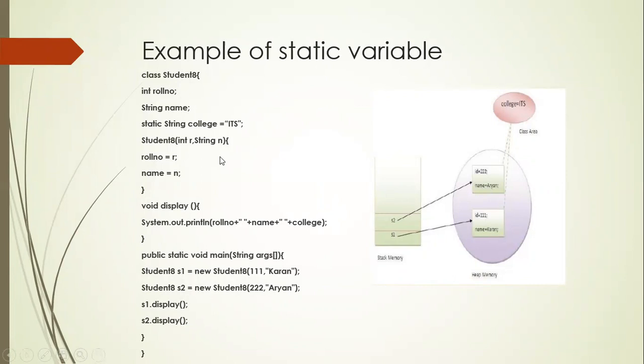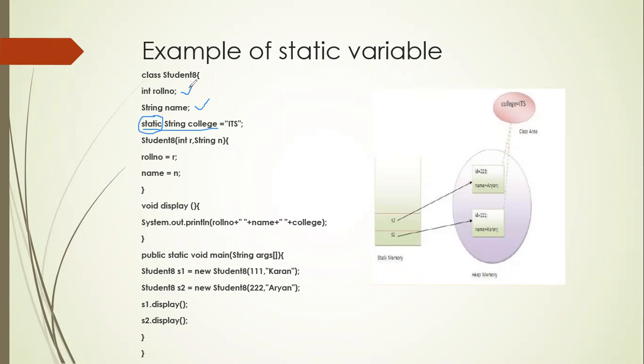Each block consists of a number of instance variables. Here the instance variables are roll number and string name. How about this one? The college is static. Why does it become static? I have prefixed the college data member with the static keyword.